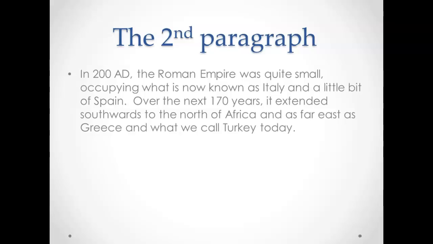In 200 AD, the Roman Empire was quite small, occupying what is now known as Italy and a little bit of Spain. Over the next 170 years, it extended southwards to the north of Africa and as far east as Greece and what we call Turkey today.